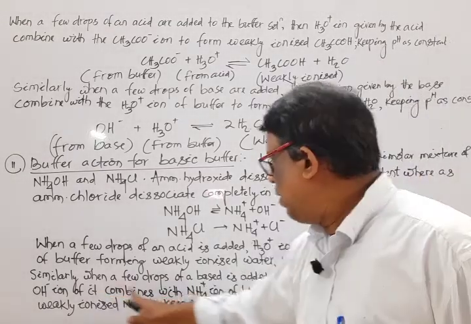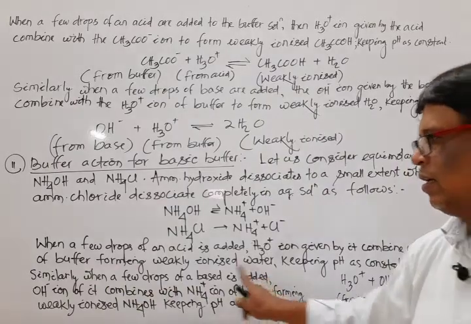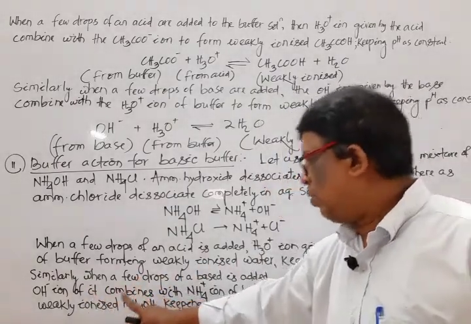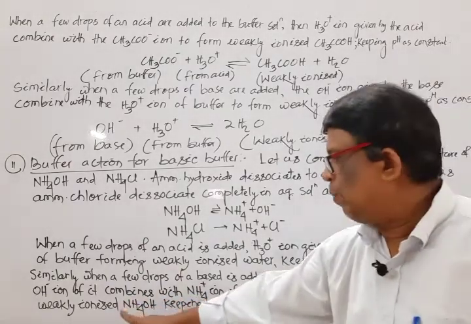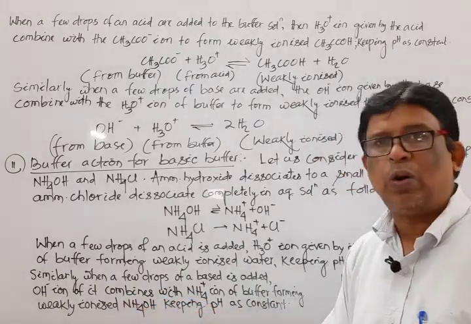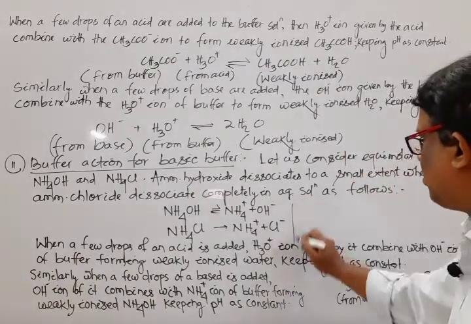Similarly, when a few drops of base are added, then the OH minus ion of the base combines with the NH4 plus ion of the buffer, forming weakly ionized NH4OH, keeping pH constant. Mark that.